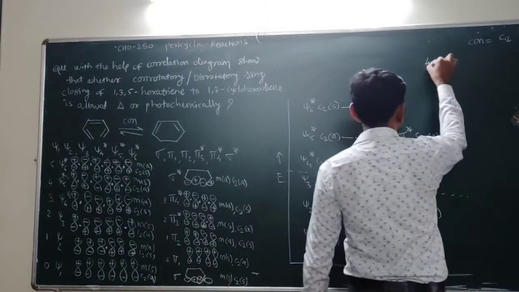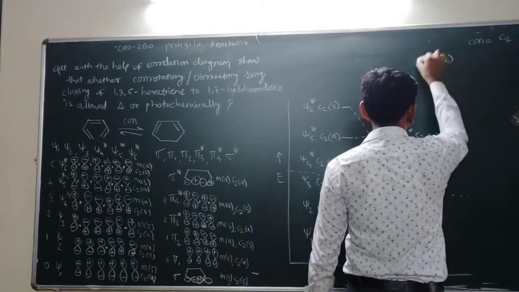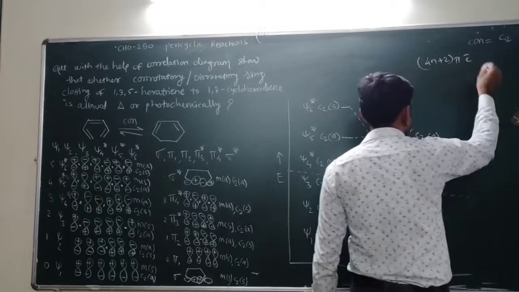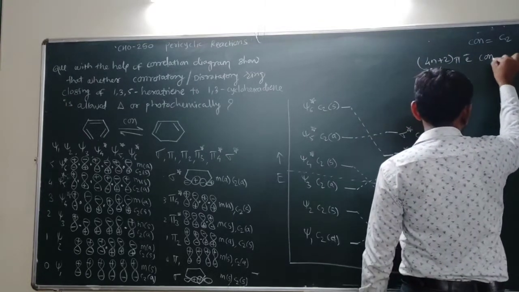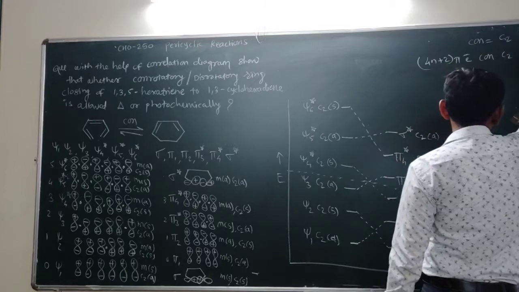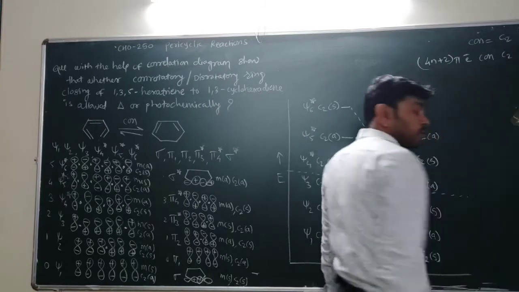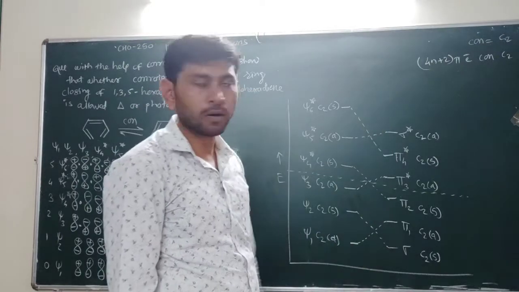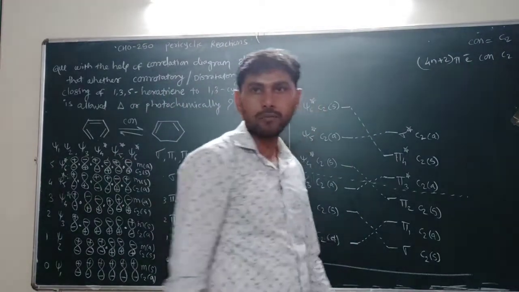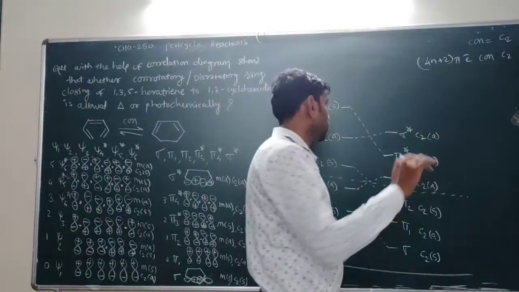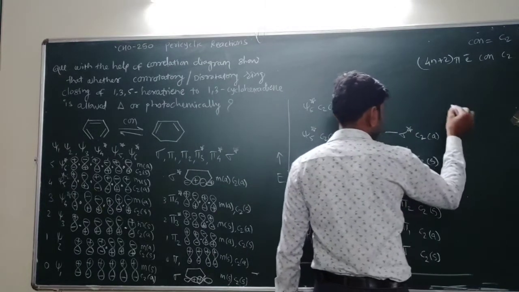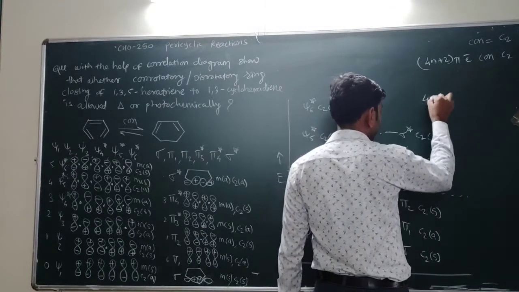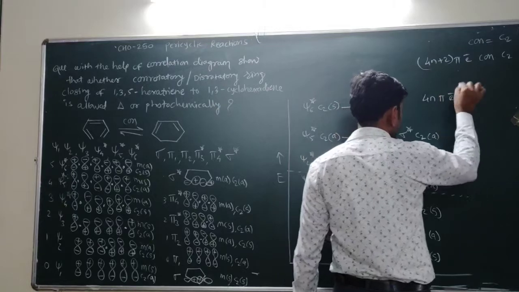This system is a 4n plus 2 pi electron system. For conrotatory motion we have to consider C2 symmetry, and this reaction is photochemically allowed. What have we discussed about the 4n pi electron system?